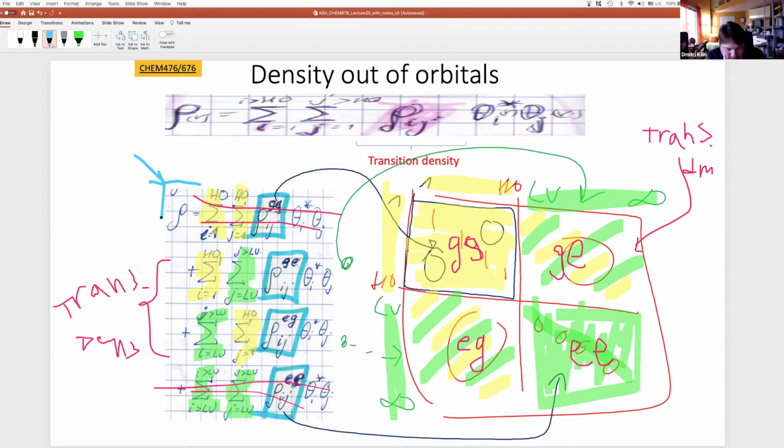So this is how we calculate the density depending on the state function and the density function with the indices i and j. Okay, yeah, everything is correct, and I'm very happy.